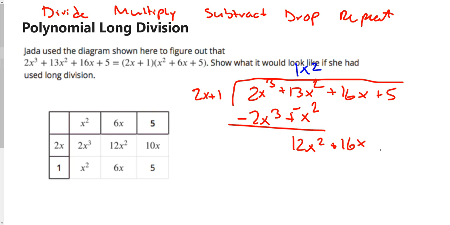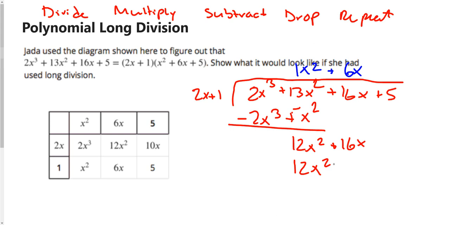10x plus 6x is 16x, right? So we have to figure out how to split the 10 and 6 apart. So what is 12x squared divided by 2x? Well, 12 divided by 2 is 6. So this is going to be 6x. 6x times 2x is, again, 12x squared.